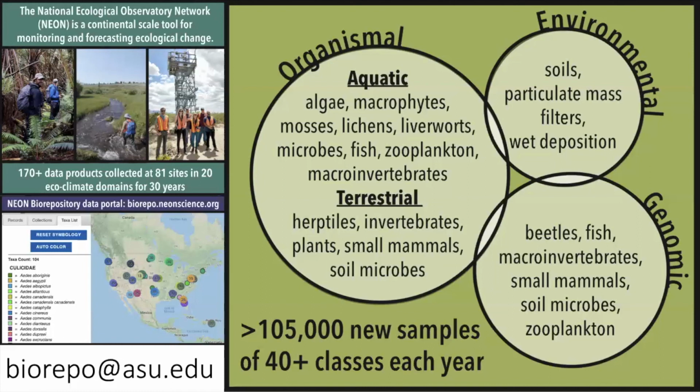So please contact us if you're interested in doing projects with these types of samples. I am really interested in the increasing ways that we can use natural history collections to answer exciting questions in both ecology and evolutionary biology.